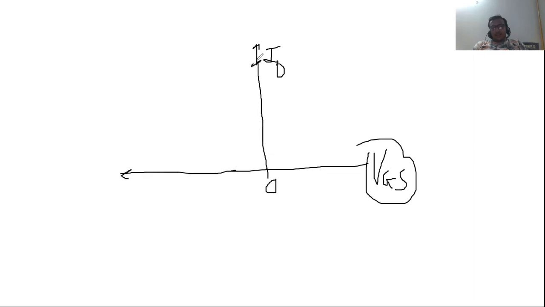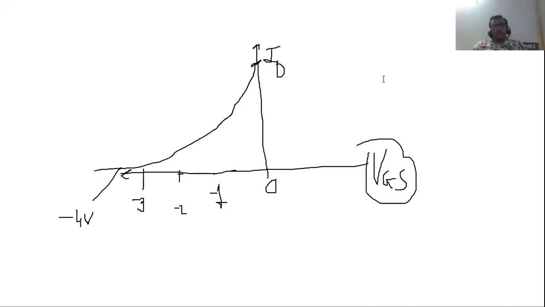Now VGS equal to minus 1 volt, the current decreases. Here consider minus 2 volt, minus 3 volt, minus 4 volt. So if you increase the gate to source voltage, then the drain current is reduced to 0.